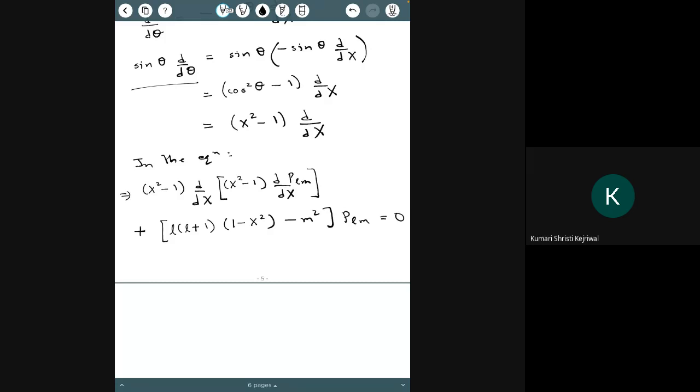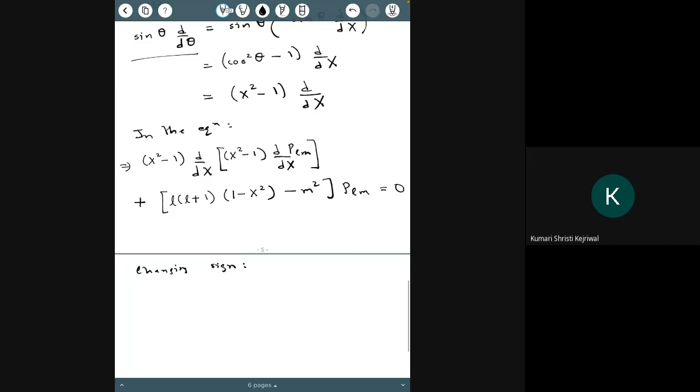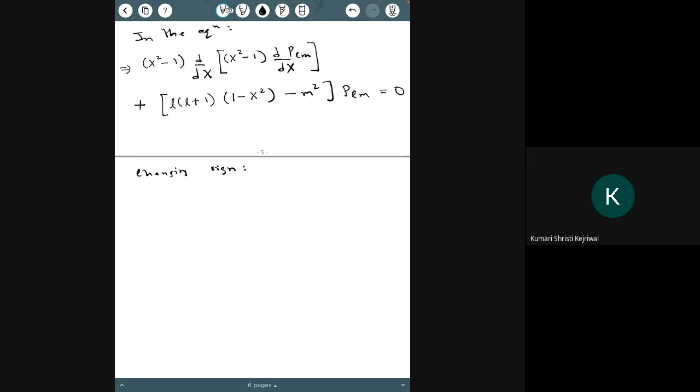Now changing the sign of all terms. I'm going towards the standard form of the differential equation whose solution we know, so I am doing this to get to that form.